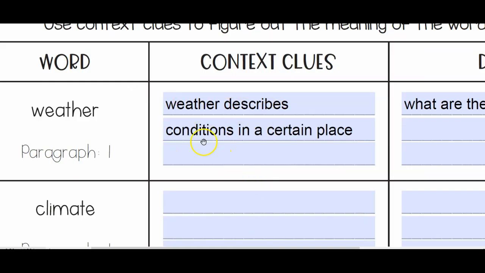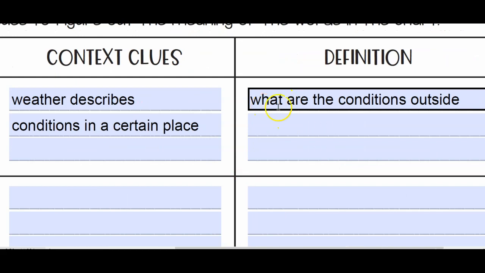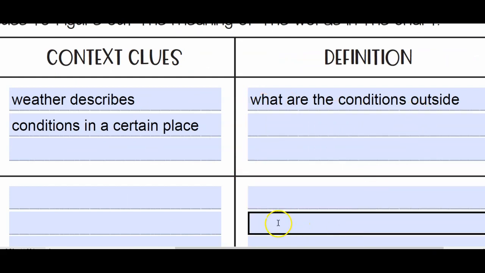It says weather describes conditions in a certain place. I think you have this already, right? And then the definition is what are the conditions outside? Like right now the condition outside is cloudy, right? That's it. That's the weather, the conditions outside. That's what the weather is.